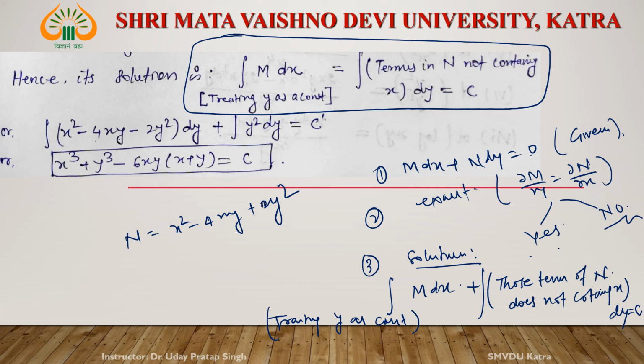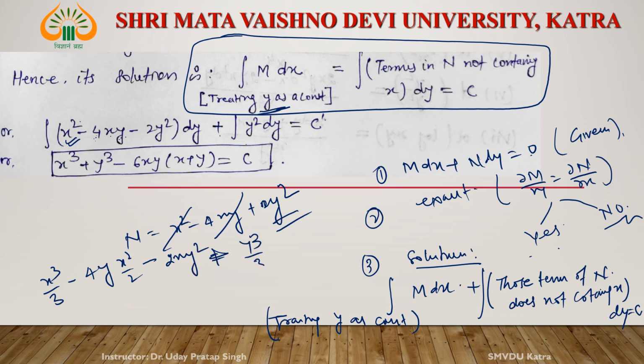Check which term of capital N does not contain x: the other terms contain x, but y square does not. Then the integral gives x cube by 3, minus 4 times y times the integral of x, where y is constant, so minus 2x y, and minus 2y square x, plus y cube by 3, equal to constant. Now simplify this and you get the solution.